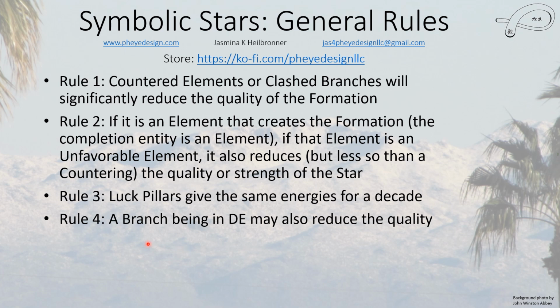Now, a branch being in DE may also reduce the quality if the branch is either the completion or the focus. Now, this is a maybe, because not all schools actually recognize DE. That DE is death and emptiness. Sometimes it's called the void.